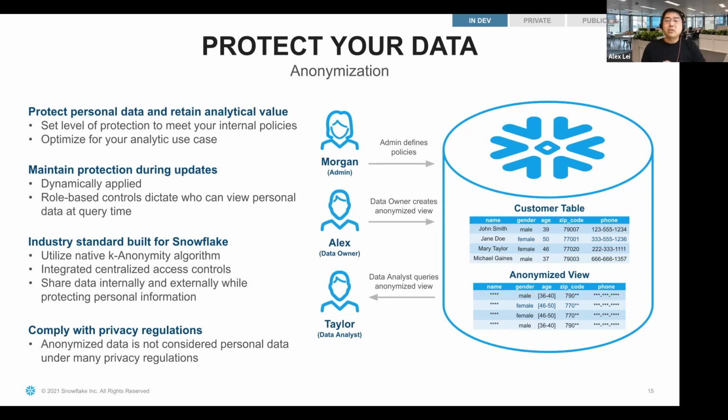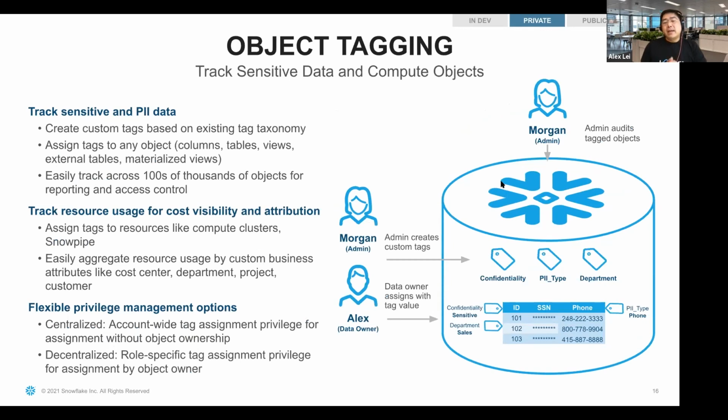So anonymization is more to do with the column level. Object tagging is important in terms of understanding the different data and the metadata across it. So being able to tag that information correctly, once you've got the tagging capability, then you can start grouping and filtering as you need to. So those three work together.